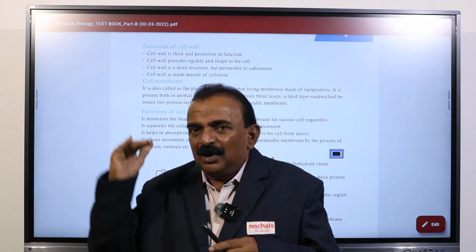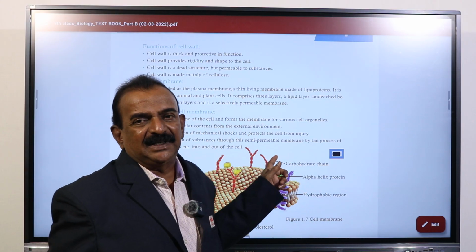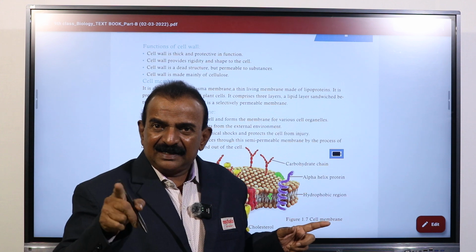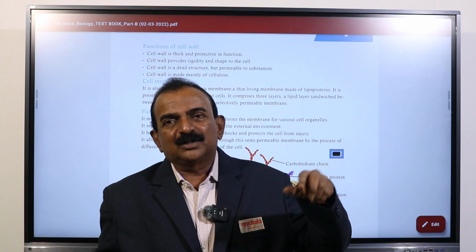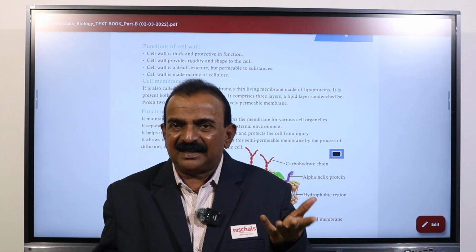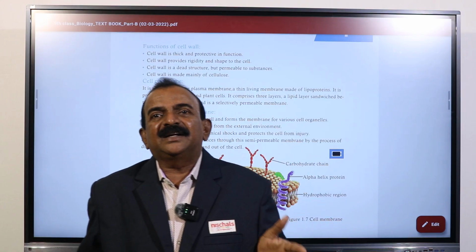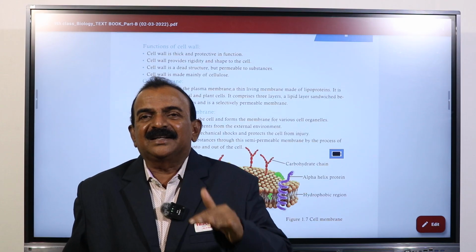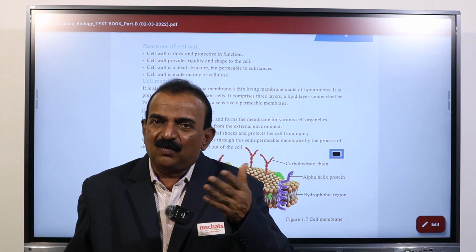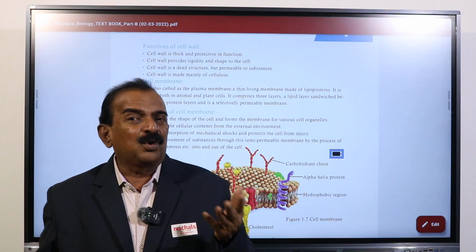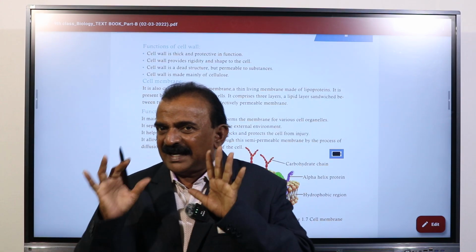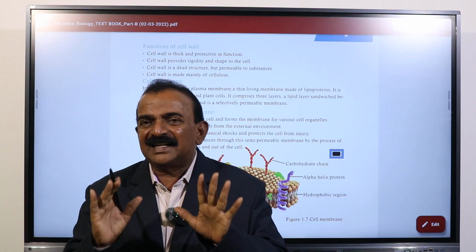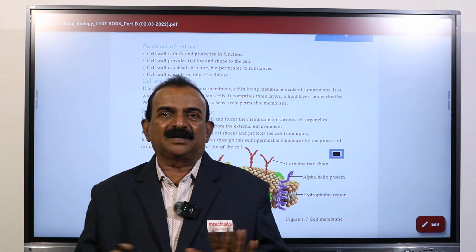And below the cell wall, the cell membrane is present. The cell membrane is present in plant cells, in prokaryotes like bacteria, and also in eukaryotic cells, that is, in prokaryotic cells, plant cells, and also animal cells. But animal cells have only a cell membrane; the cell wall is absent.